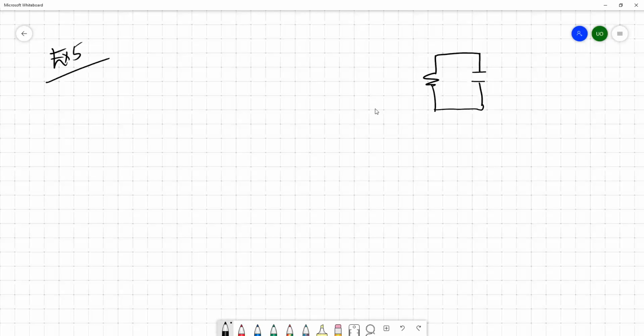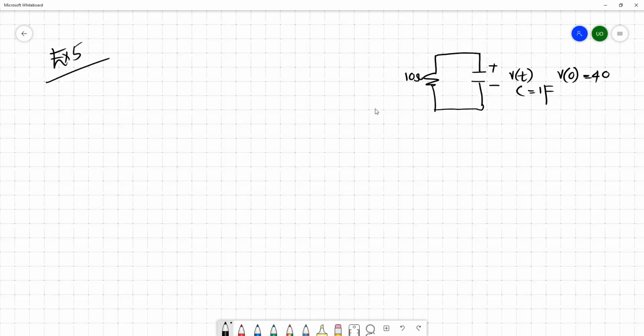The initial condition of the capacitor is 40 volt, the capacitance value is 1 farad, and we have a 10 ohm resistor here. If you remember, the first circuit we analyzed is very similar to this one. We have a charged capacitor and a resistor connected in series.